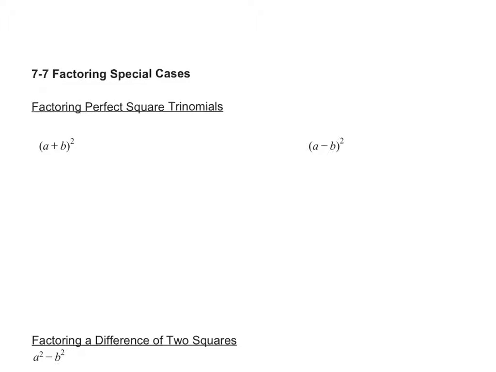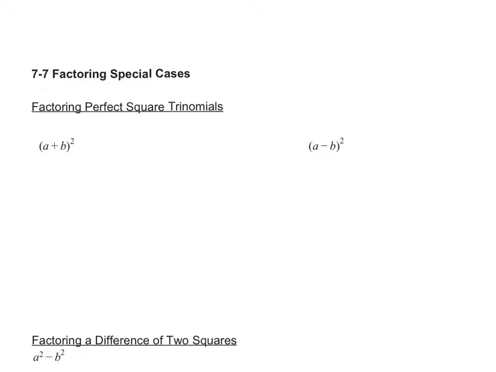All right, so the first rule, we're going to be talking about factoring perfect square trinomials. So what I did was I started with kind of the answer. So the first one says (a + b) squared. And we're going to work our way backwards to the trinomial.